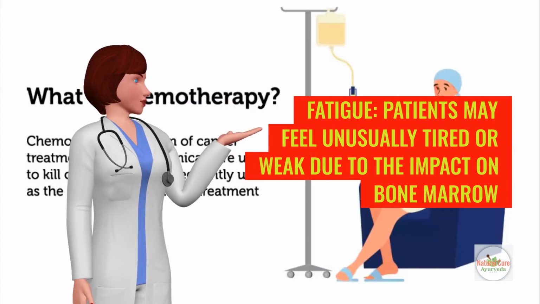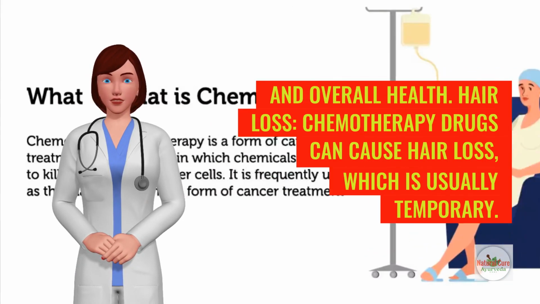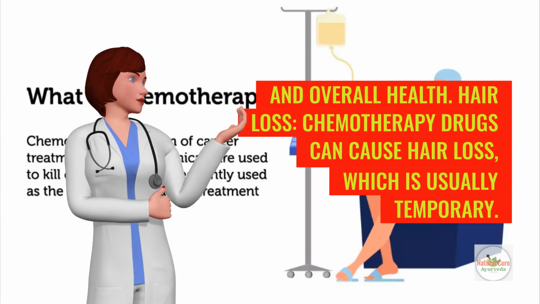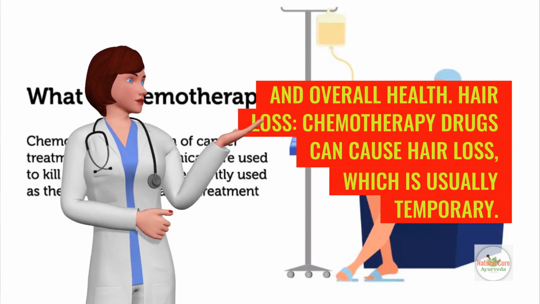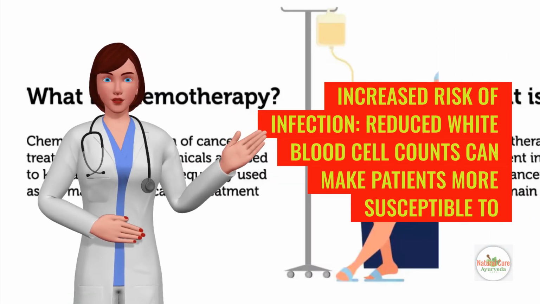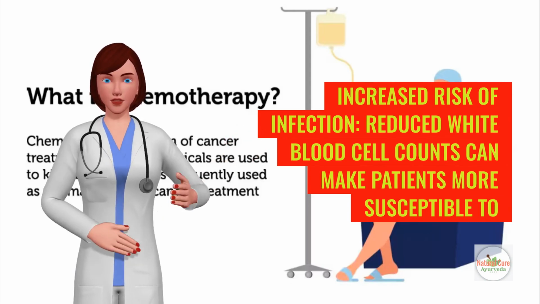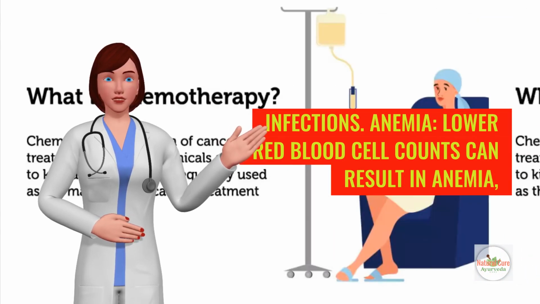Fatigue. Patients may feel unusually tired or weak due to the impact on bone marrow and overall health. Hair loss. Chemotherapy drugs can cause hair loss, which is usually temporary. Increased risk of infection. Reduced white blood cell counts can make patients more susceptible to infections.